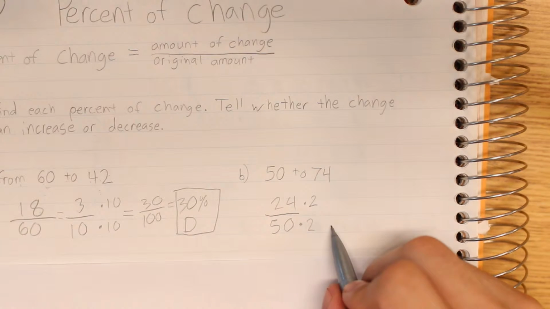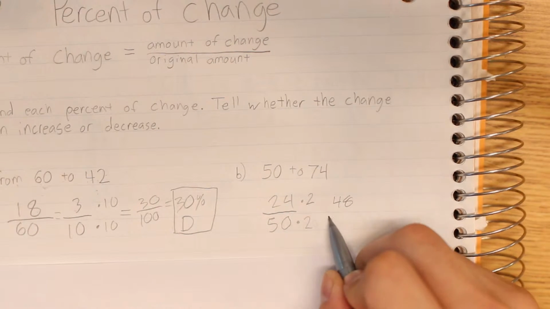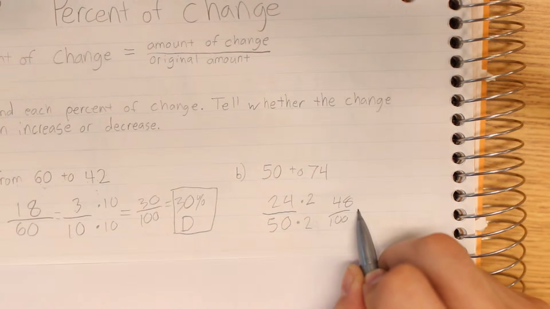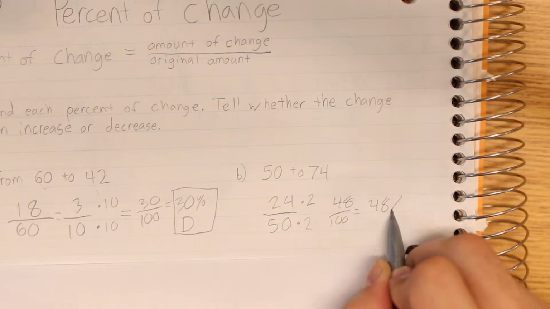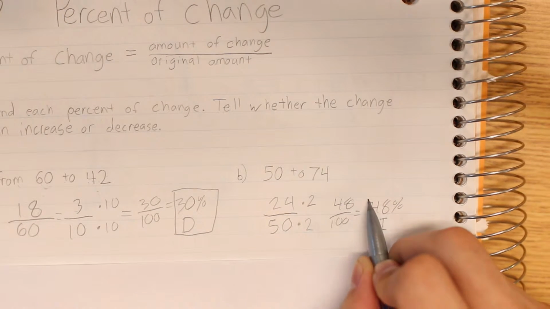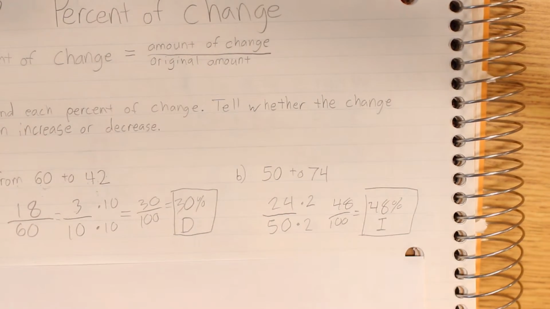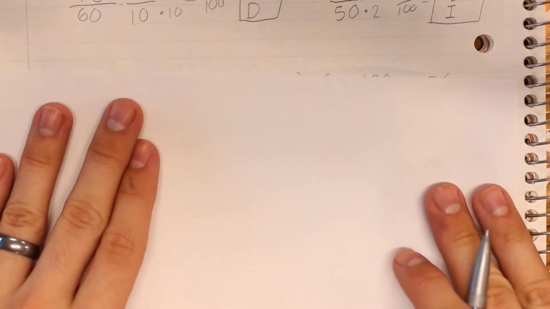And we end up with 48. So we get 48 over 100. So that's equal to 48%, and it's an increase. I'm going to put a capital I right here. And so that's our answer right there. Let's look at a few more examples.